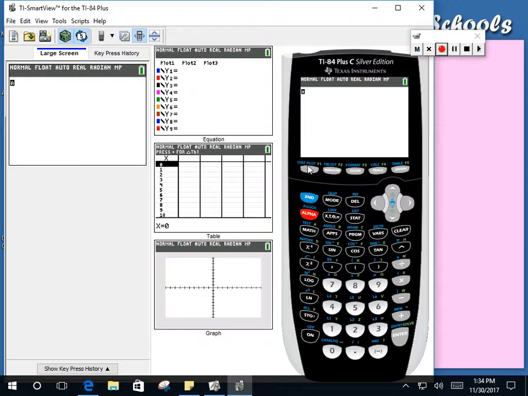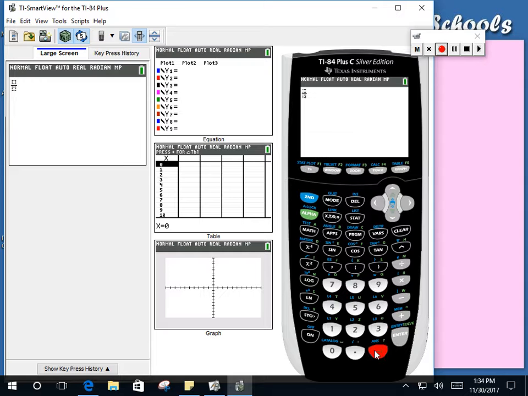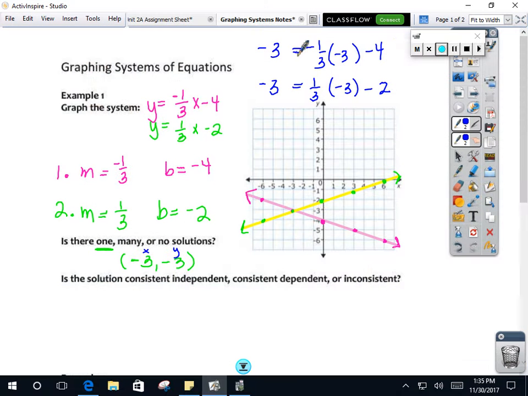Alpha y equals, to set up the fraction, negative 1/3, and then I do use the parentheses, and I'm plugging in a negative 3 for the x, and then minus 4. And when I hit equals, it says negative 3, which is what it should be.